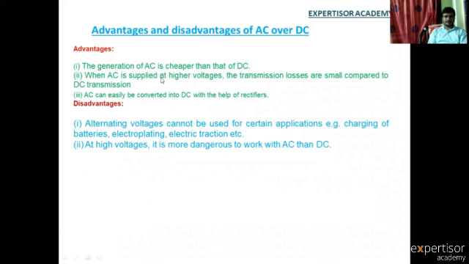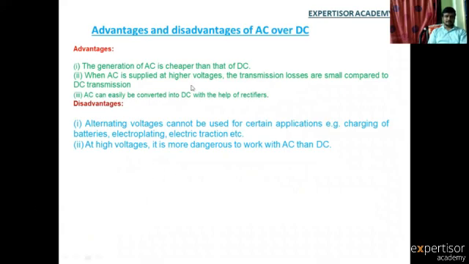When AC is supplied at higher voltages, the transmission losses are small compared to DC transmission. AC can easily be converted into DC with the help of rectifiers. So rectifiers are used to convert AC into DC.